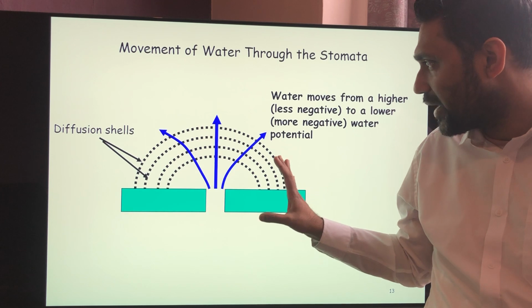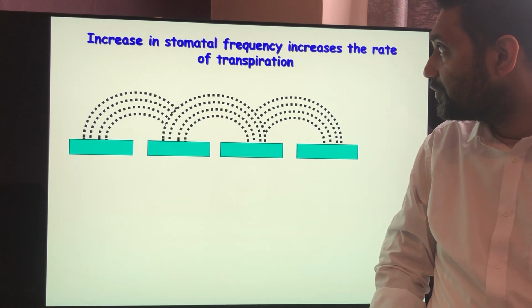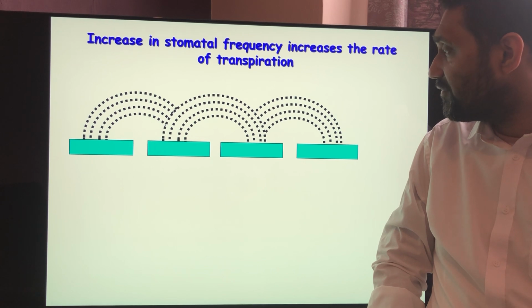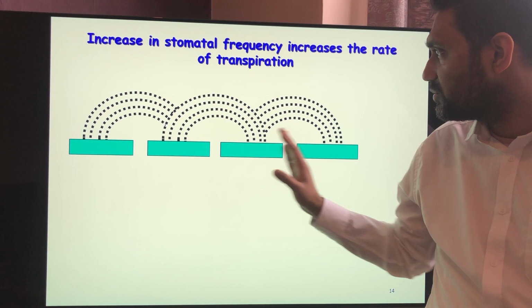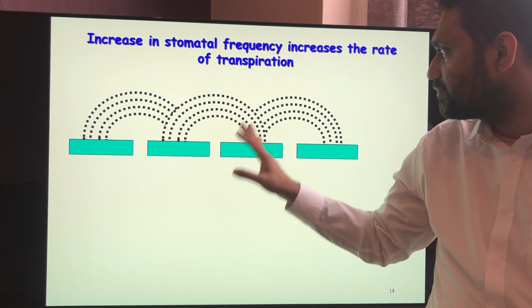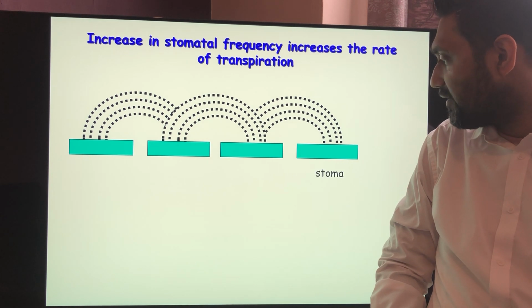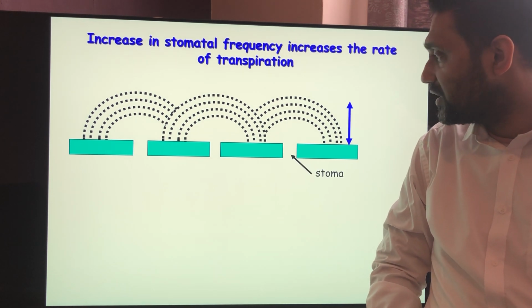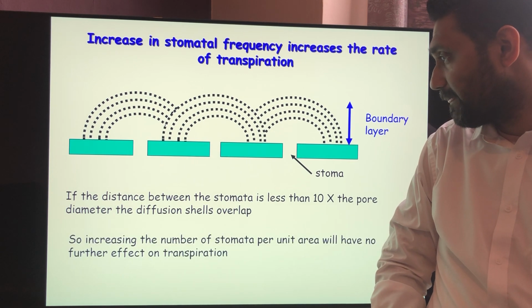If you blow these shells away, it'll come out much faster. Okay, water will diffuse out. So the frequency, if you've got loads of small stomata close to each other, you can make these little shells, this kind of boundary of water vapor, and therefore it's making it harder for the water vapor to diffuse out.